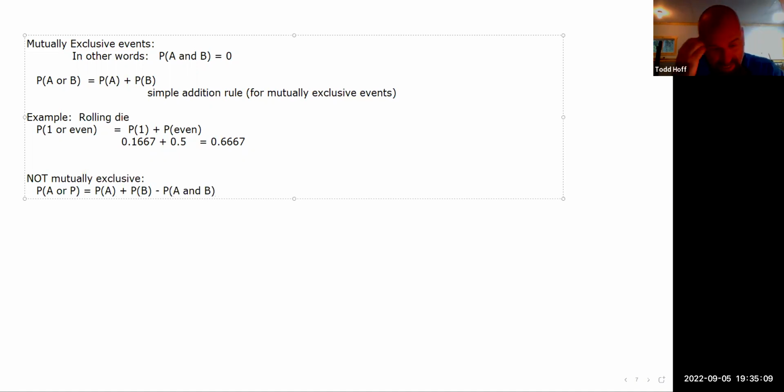The probability of A and B happening is counted with the probability of A, and it's also counted in with the probability of B. So we subtract it back out. That's what we had to do before. We had the probability of rolling a 3 and the probability of flipping a heads, but then we had to subtract out the probability that they both happened because it was counted twice. It was counted in with the 3s and the heads. So we had to subtract that out. This is our full addition rule.